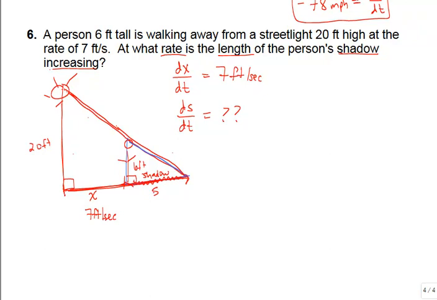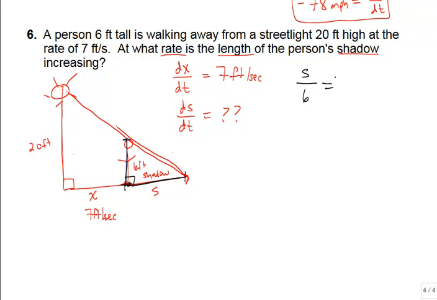I am going to do this side of the small triangle, which is my s length, compared to this vertical distance of my short triangle, which is the height of the man, which is 6 feet. So I'm doing this leg to this leg.